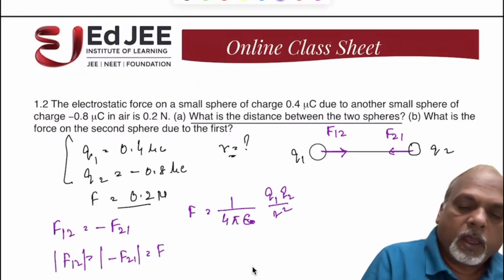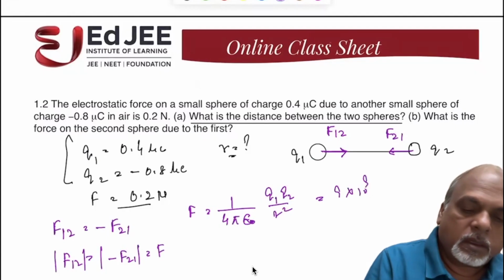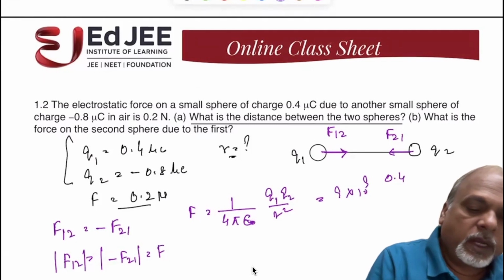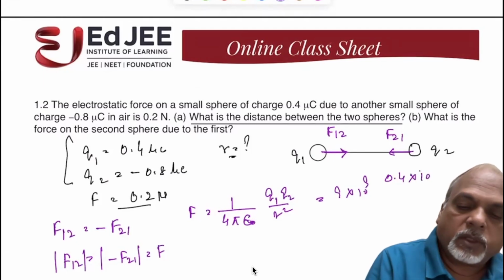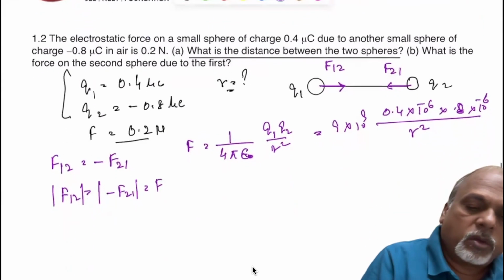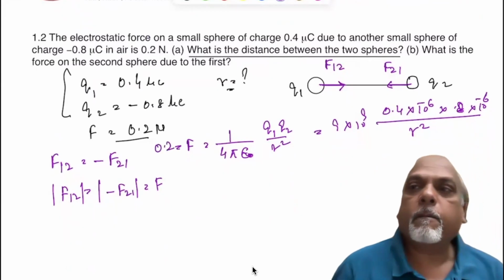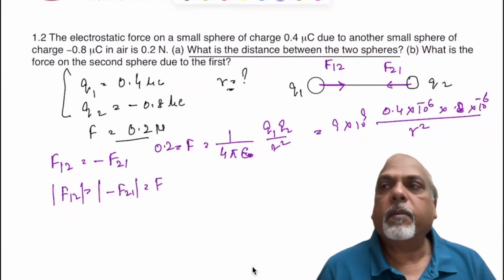Correct. Here we can put the values 9 into 10 raised to 9. Then Q1 Q2 are there, 0.4. They are given in microcoulomb. So minus 6 into 0.8 into 10 raised to minus 6 divided by R square. So this F is given. Basically, it is your 0.2 Newton. Correct.